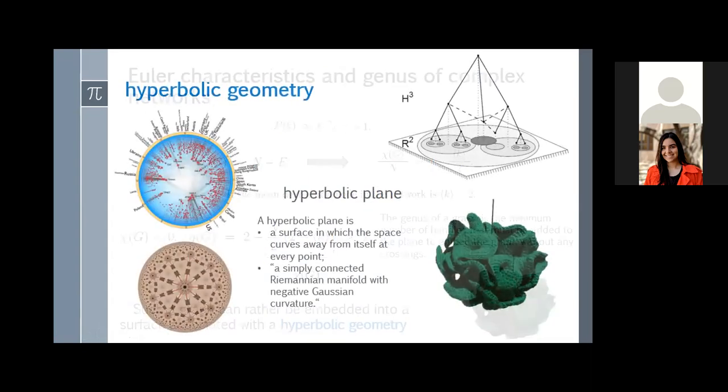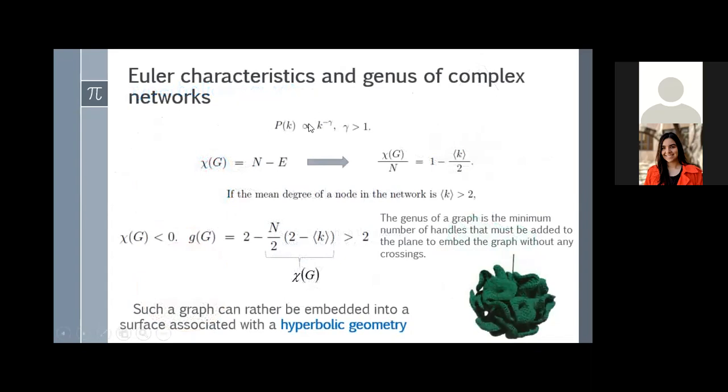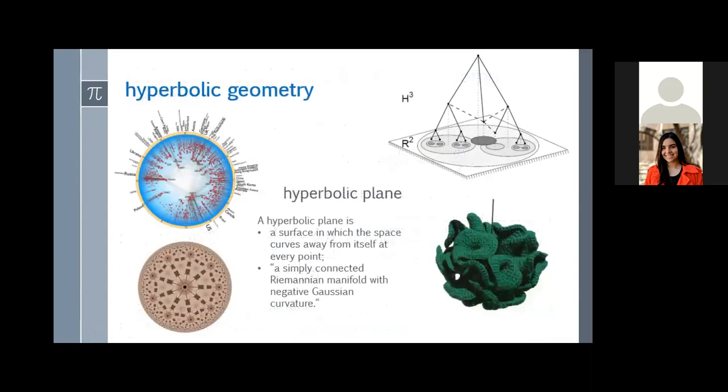And in principle, if we think about these complex networks, random huge trees with a power law degree distribution, inevitably we get into hyperbolic geometry. It's already a tree, you see here, a tree-like structure.